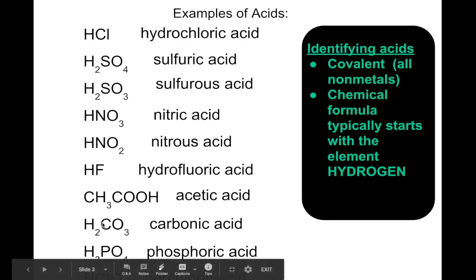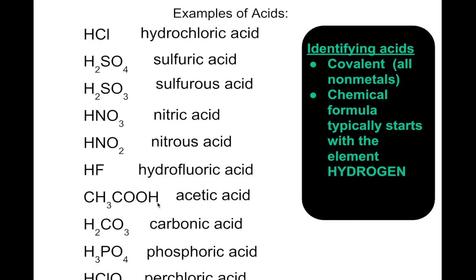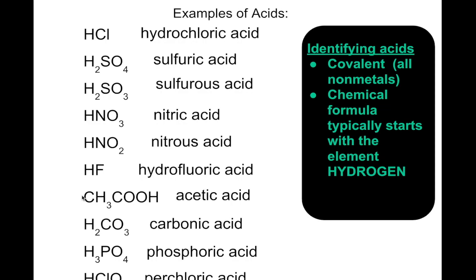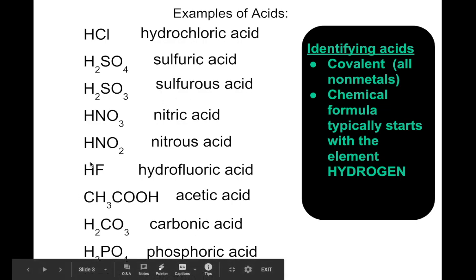Notice that in all of these examples, we see hydrogen followed by other nonmetals. The more modern way of writing acetic acid does involve this, but I include it this way because this is the more common way. You're just going to see it. So there are some acids that don't have the hydrogen placed first, but almost all of them do. So in order for you to identify an acid: covalent, it's made of all nonmetals, and they start with hydrogen.